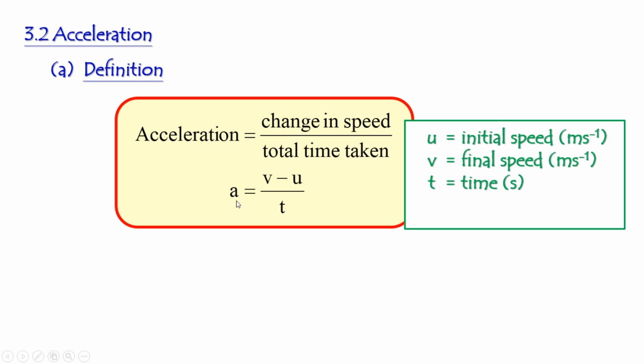A is the acceleration, but can you guess the unit for acceleration? The unit in the numerator is meter per second, and the unit in the denominator is second. So it is meter per second squared. This unit is a little bit complicated, meter per second squared. Is it okay?